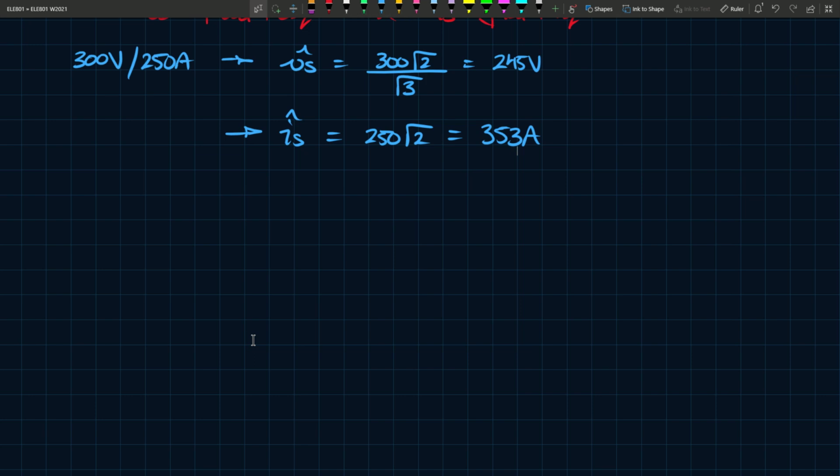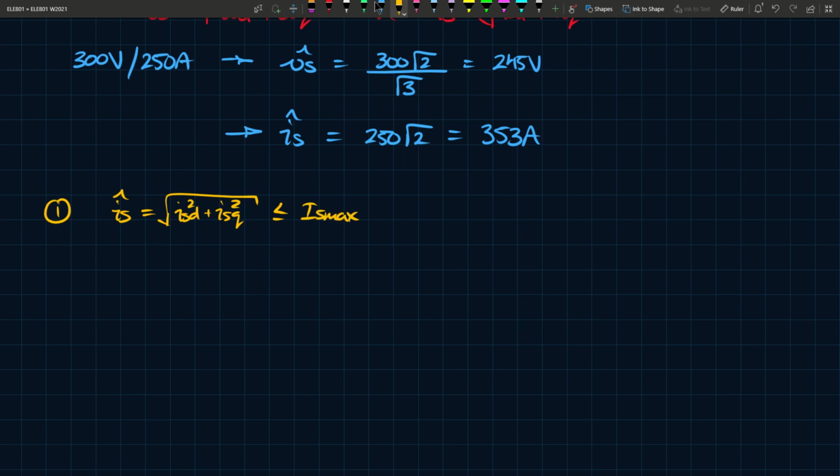So operating limits. We have 2 operating conditions. What are the operating limits? Let's say we have some current, ISD squared plus ISQ squared, and this is less than some maximum current, IS max.